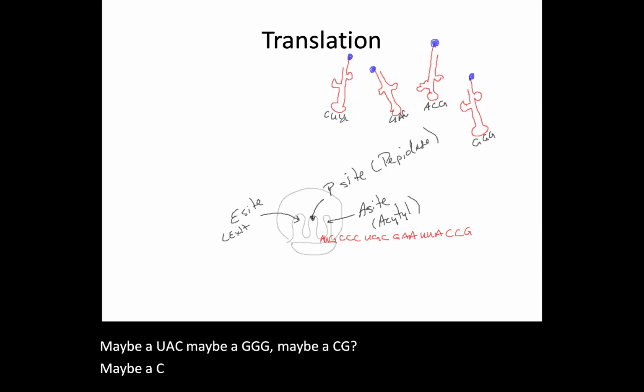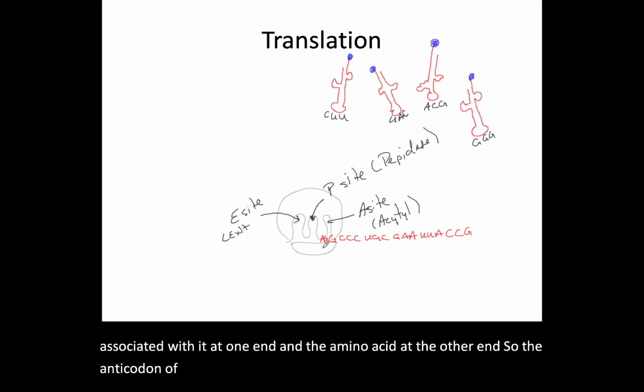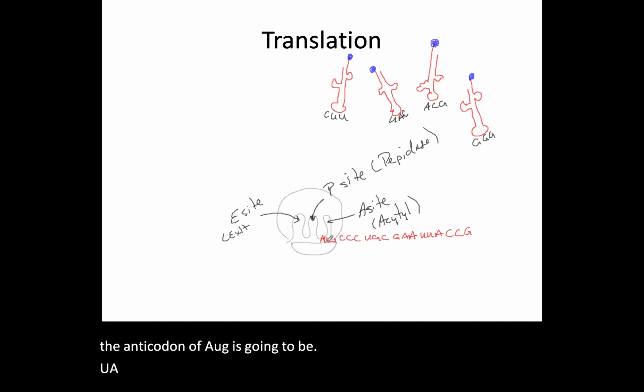So each tRNA has an anticodon at one end and the amino acid at the other end. The anticodon of AUG is going to be UAC. So here's UAC. This tRNA with this amino acid is going to come into the A site.